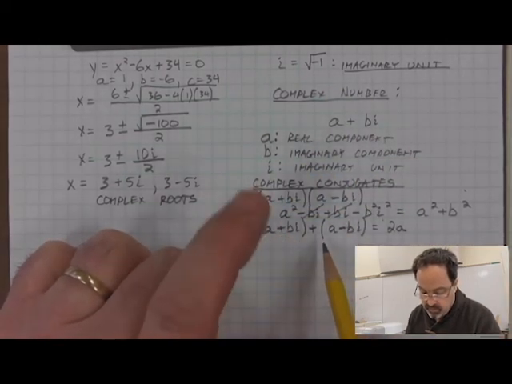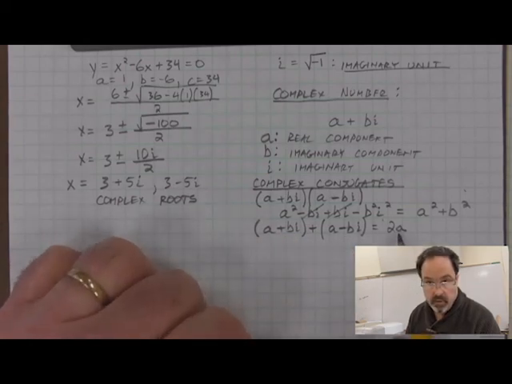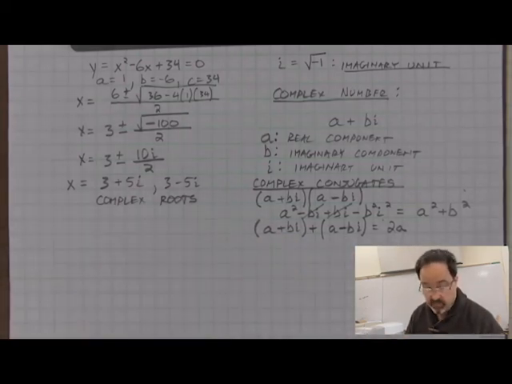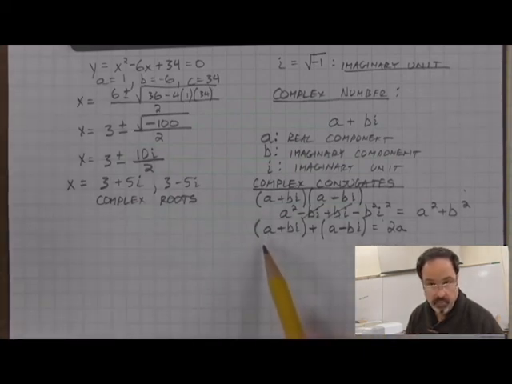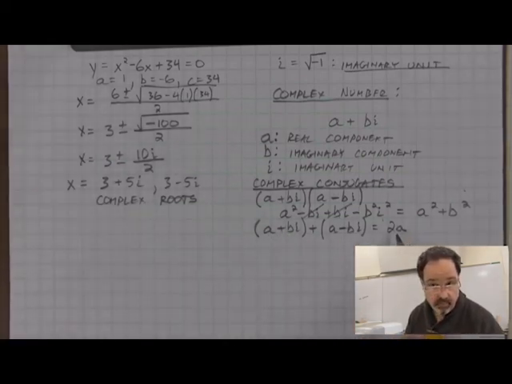The positive bi plus the negative bi will cancel out, leaving 2a. When we add complex conjugates, what's left is just double the real component, and the imaginary component is eliminated. So adding complex conjugates becomes a real number.